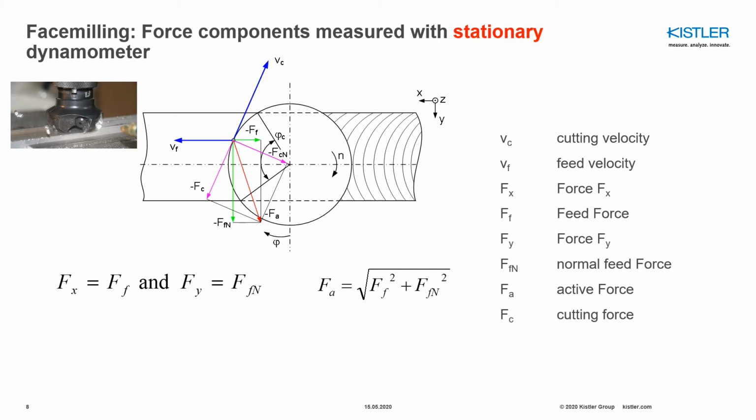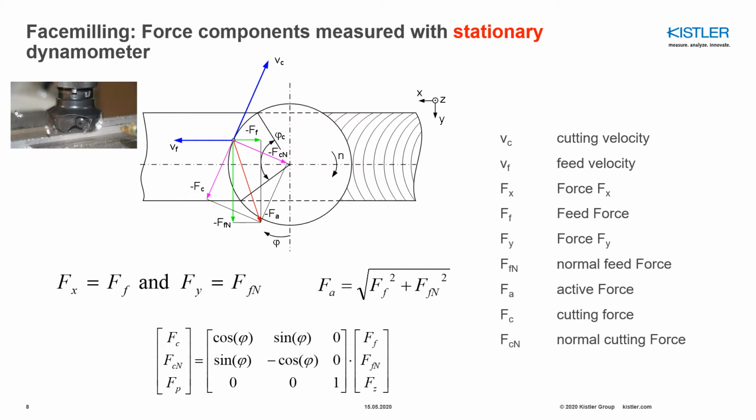And then you have the cutting force, which is the tangential force, and you have the cutting normal force, which is normal to the cutting force. By utilizing the feed force and feed normal force and the rotation angle of the axis, you can calculate the cutting force and cutting normal force.